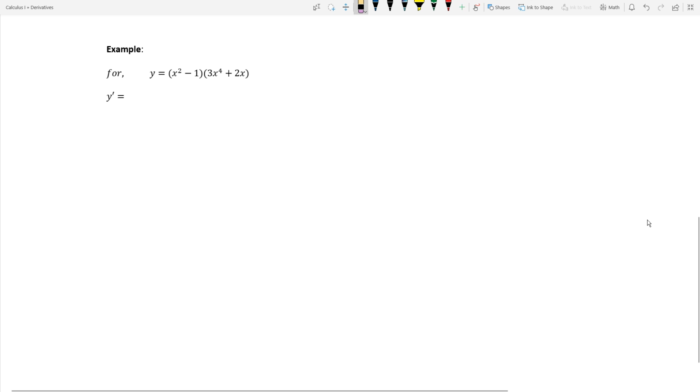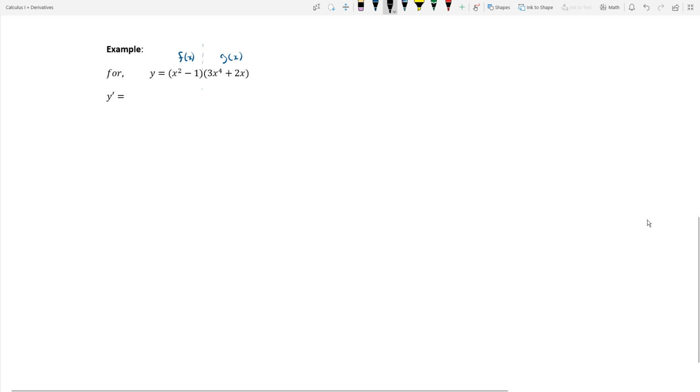So to set this up, remember that we're going to call this, and in the beginning, it's okay if you just want to call each one of these by a function name, so you remember how to lay those out. So we'll say that this is f of x and g of x. Let's go ahead and rewrite that formula.